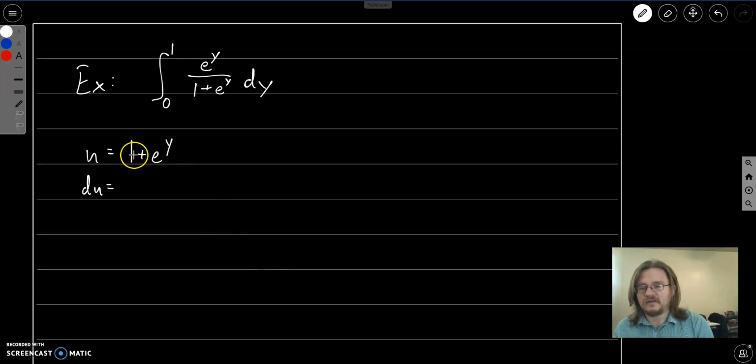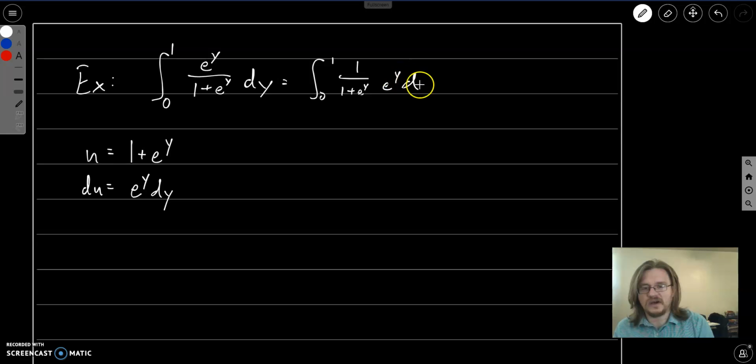The derivative of 1 plus e to the y: the derivative of a constant 1 is always just going to be 0. The derivative of e to the y is going to be e to the y. And I can't forget that it's a differential, so I'll get e to the y dy. Just to make this a little more obvious, I can pull the e to the y out.